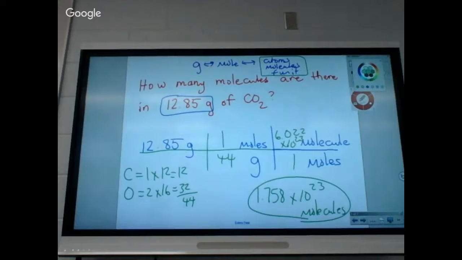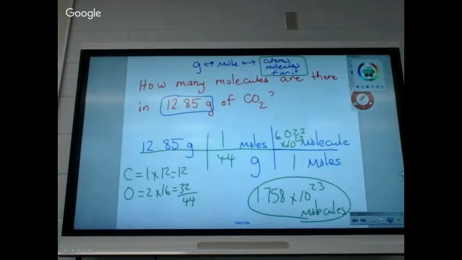Like, I multiply 12.85 times 6.022 times 10 to the 23rd and divide it by 44. But you could divide 12.85 by 44 first, and then multiply if you prefer. It's whatever way you prefer.